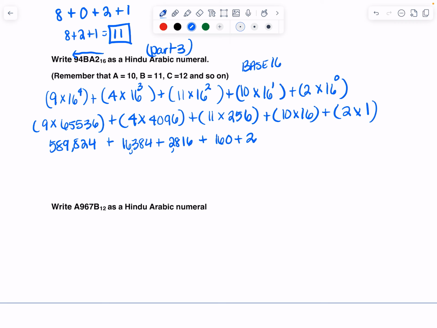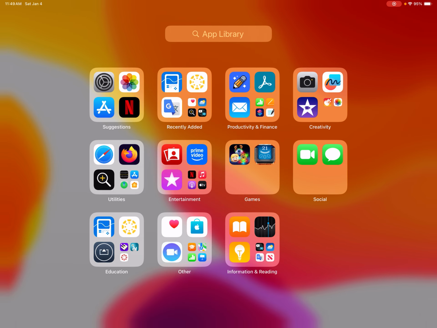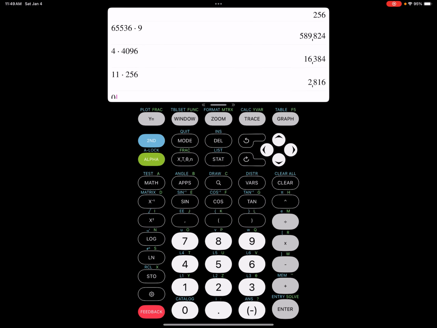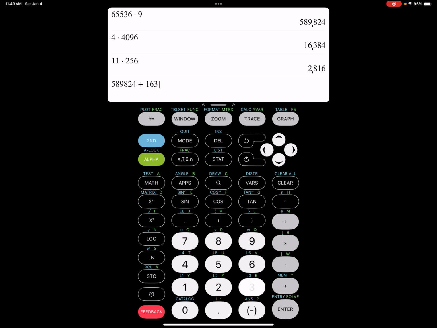Okay, so now my next step is going to be to add all of these numbers up. So the first number is 589,824 plus 16,384 plus 2816 plus, whoops, we've got to clear that out. I forgot the 1. Okay, now that's better.